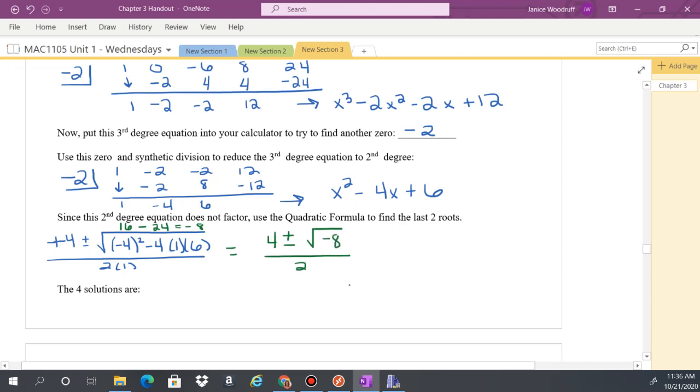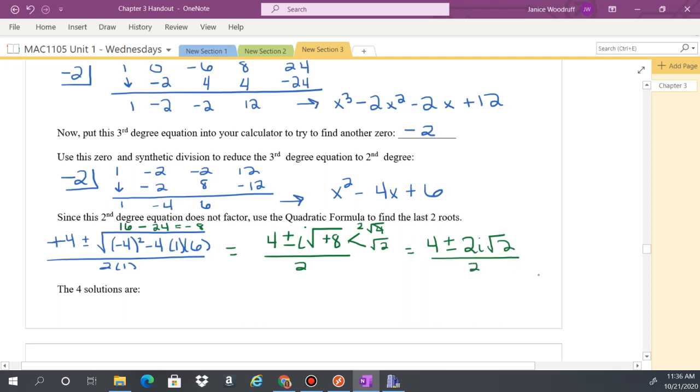Okay, so I have 4 plus or minus root negative 8 over 2. So I'm going to take that negative and put i in front of my radical. Then I'm going to continue simplifying the radical. So 8 would break into 4 and 2. And then the square root of 4 is 2. So that's going to be 4 plus or minus 2i root 2 over 2.